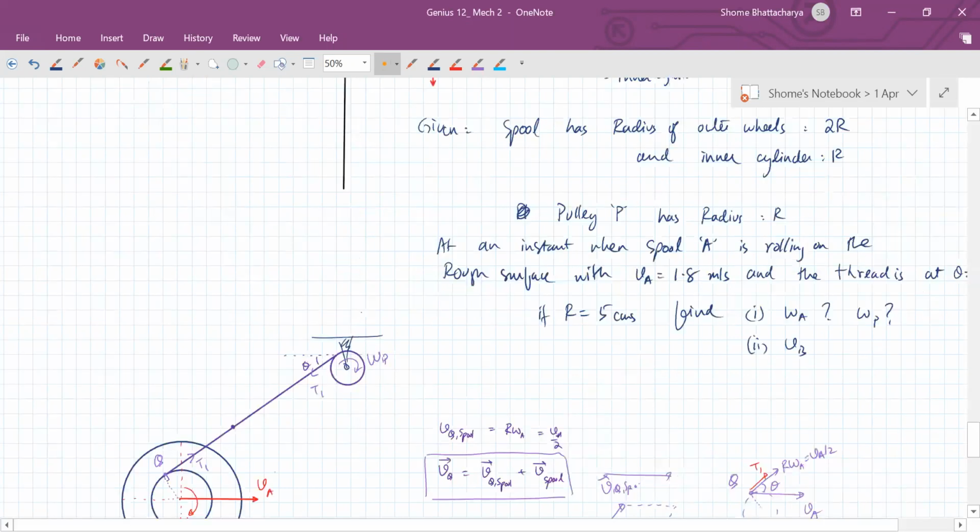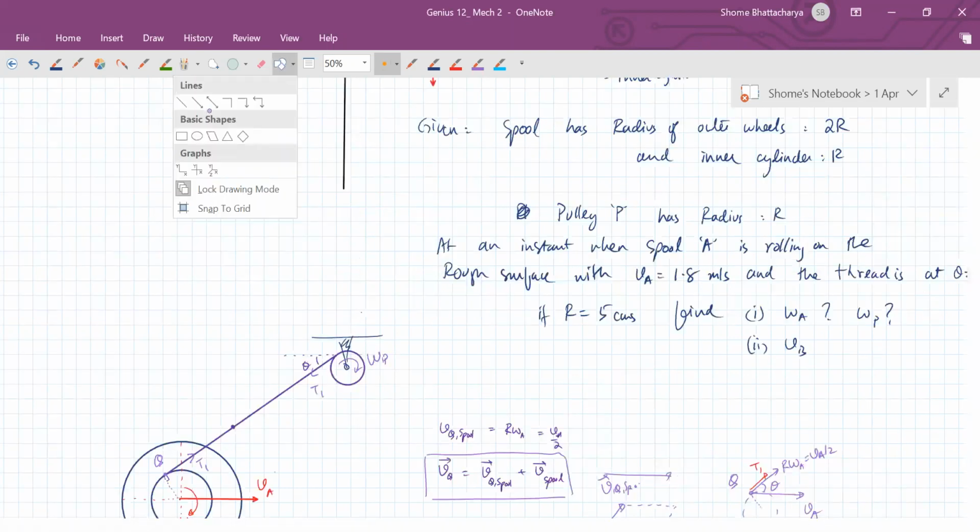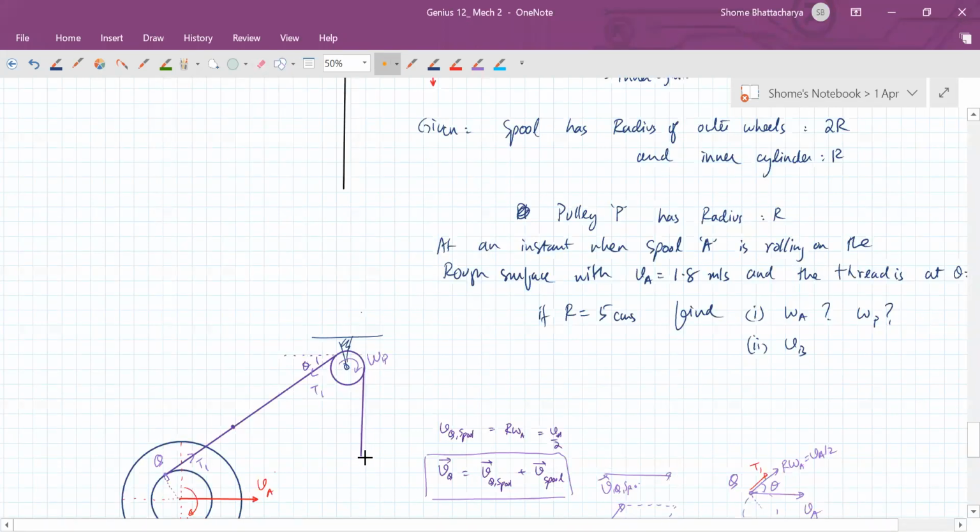But now if we take into consideration, Bhumi, the second part of the thread, it's actually the same thread, but the second part of it. So if we take that into account, the block attached, now because it's a rough surface, the tension will be different. So this is moving down at the velocity v2 or vb, whatever.